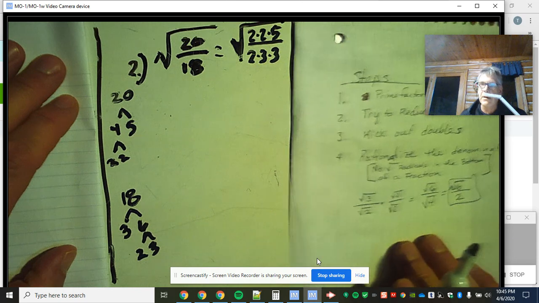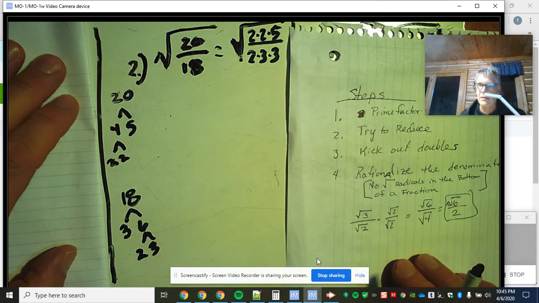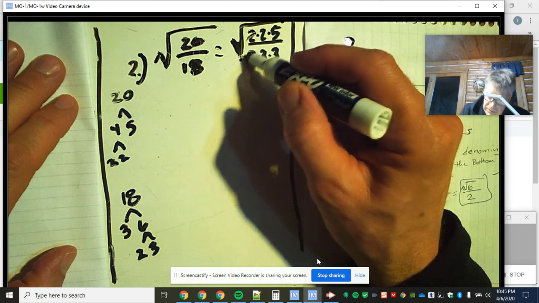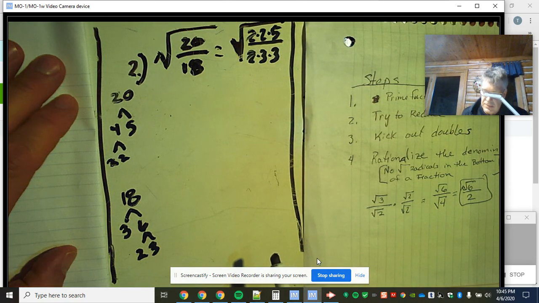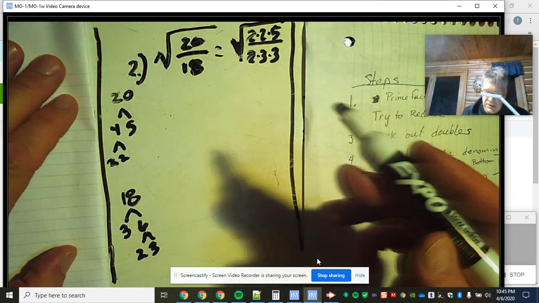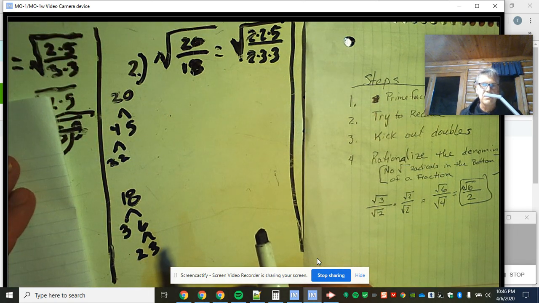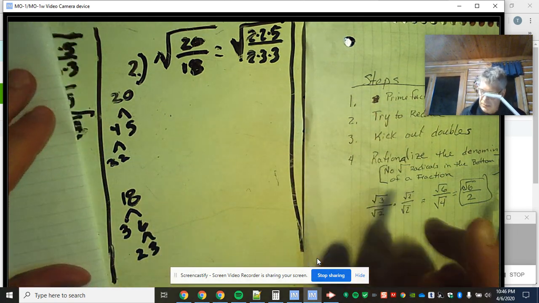The second thing we want to do is try to reduce. If I look, the 2's are going to cancel, 2 on the top, 2 on the bottom. And then I'm going to get the same thing as what I just got, 2 times 5 over 3 times 3. But follow your steps.